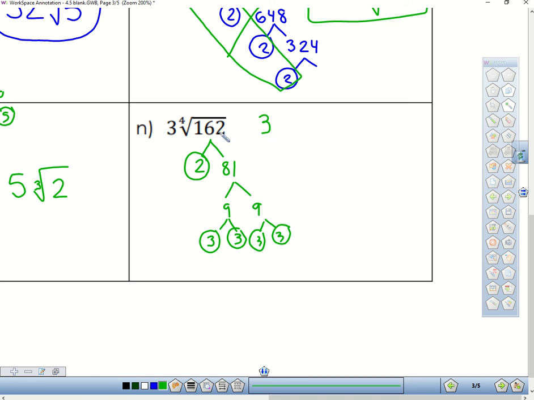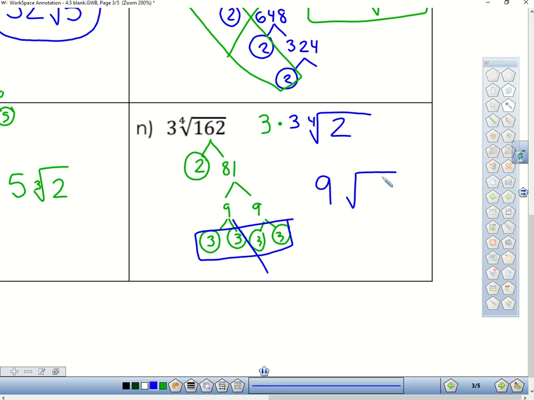So I have a 3 that's already on the outside of my radical times, what am I grouping in pairs of this time? 4s. These get to leave as 1. And then what has to stay behind in the 4th root? 2. So my answer comes out to be 9 fourth root of 2.